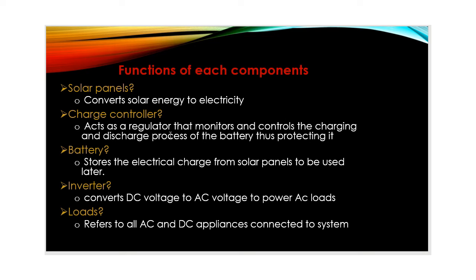This device acts as a regulator that monitors and controls the charging and the discharge process of the battery. Thus, it prevents overcharge in any way. The third component is the battery. Its function is to store the electrical charge from the solar panels so that it can be used at night when there is no sunlight.